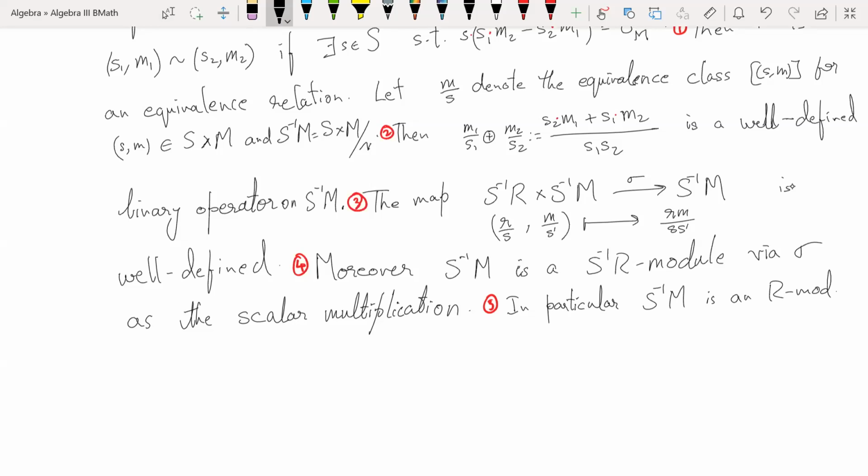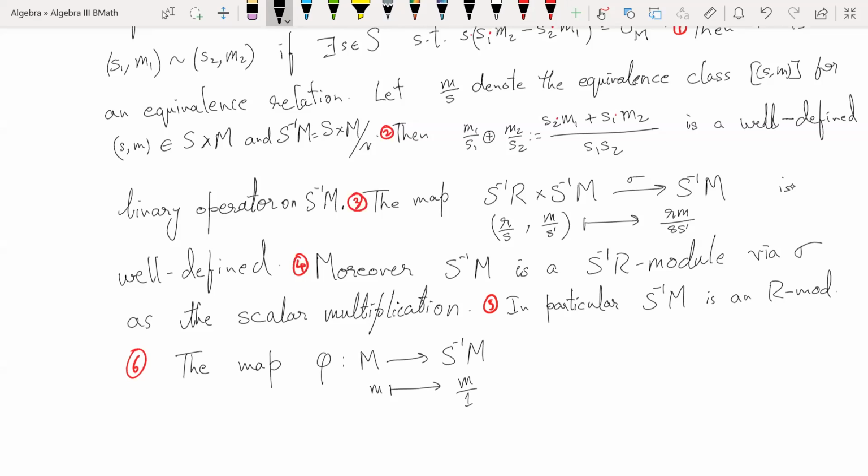Okay. Any questions? Also we have a map from M to S inverse M, which is going to be R linear. So maybe let's call this 6. So the map, let's call this phi from M to S inverse M, sending M to M over 1.